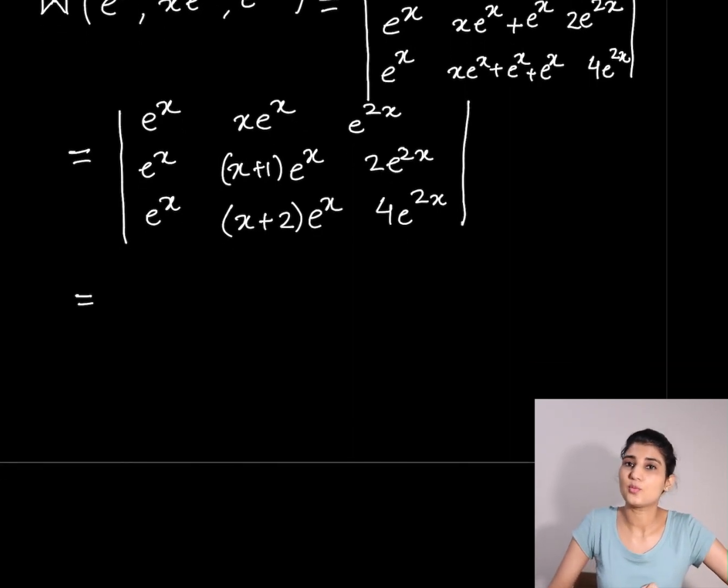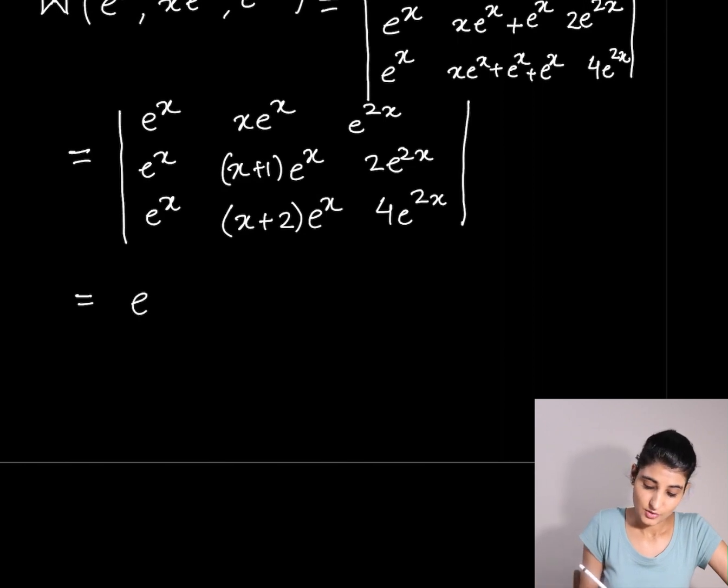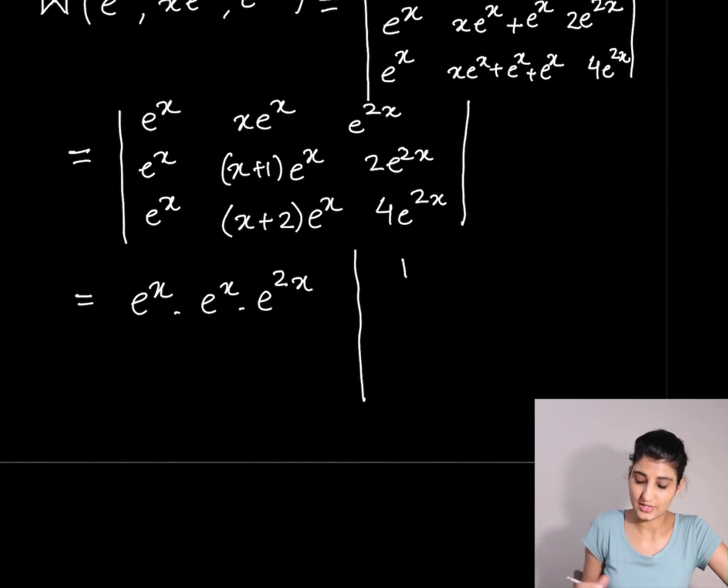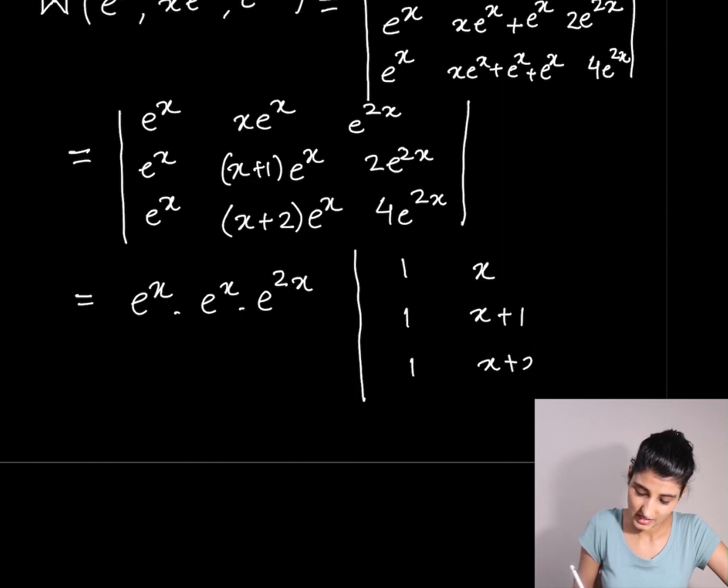If you remember some properties of determinant, you can either directly calculate this determinant or use some properties. The property I am going to use is that you can pull out any term from a column or from a row if it's common. From the first column we can pull out e power x, from the second column we can pull out e power x, from the third column we can pull out e power 2x, and what we are left with is 1 1 1, x, x plus 1, x plus 2, 1 2 4.